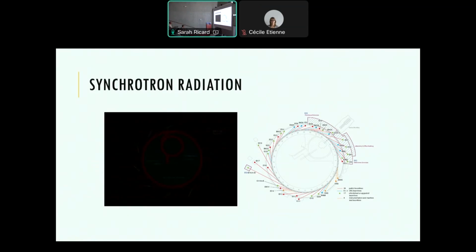And then it enters a circular structure that we call the booster.